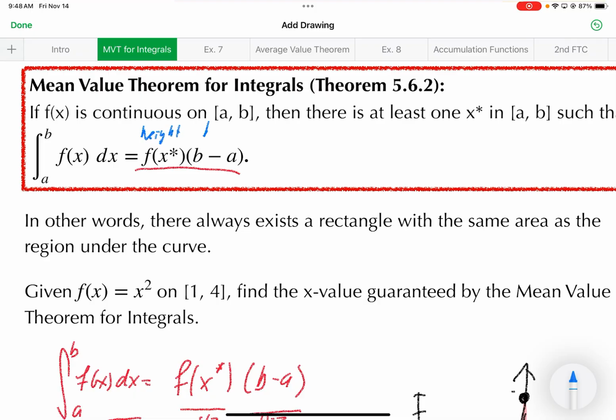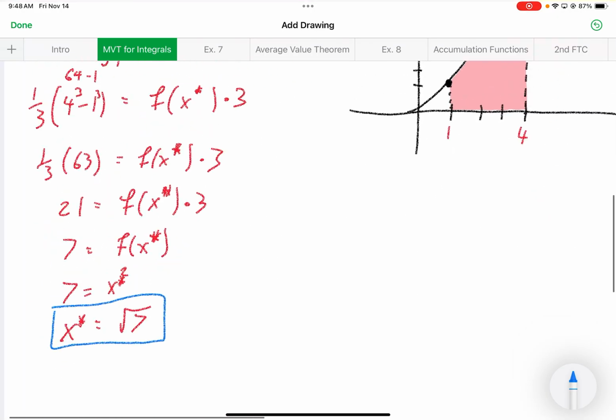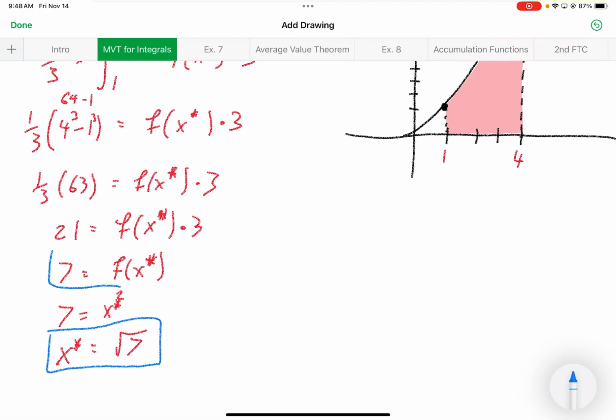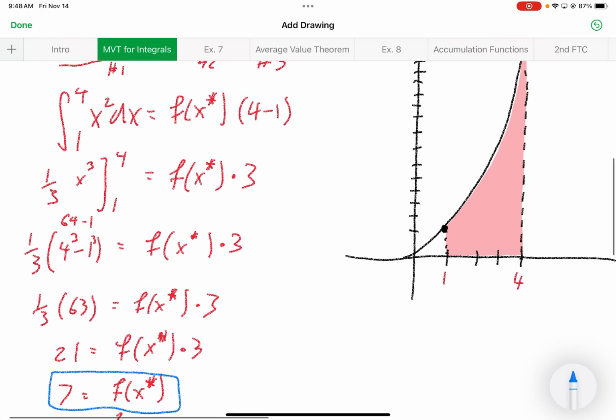This was the base, that's going to be 3. But f of x star is my height. Didn't I find what f of x star was? I did. That's right here. So the height of my rectangle is going to be 7. 1, 2, 3, 4, 5, 6, 7 is here. That is f of x star.